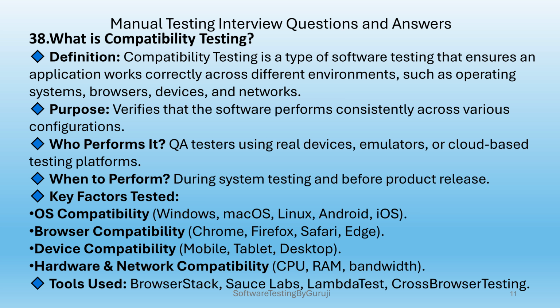Verify that software performs consistently across various configurations. Who performs it? QA testers using real devices, emulators or cloud-based testing tools. So here we can use the BrowserStack tool to perform compatibility testing. When to perform? During system testing and before product releases.